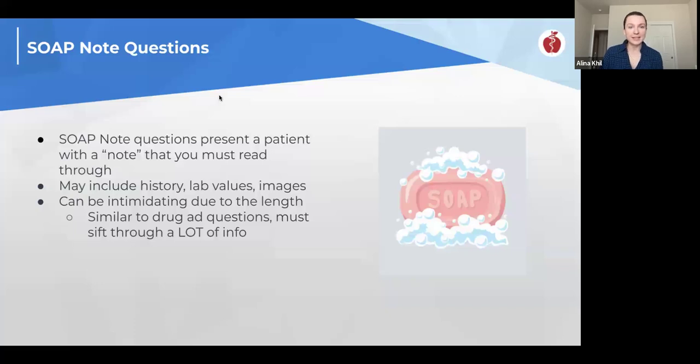All right, so with that said, now we're going to go through some SOAP note questions. SOAP note questions will present the patient in the format of a SOAP note. That's exactly the type of note you would write if you were seeing the patient in clinic. It's kind of nice because I actually like how it's very organized, but the intimidating part is that often these are super, super long.